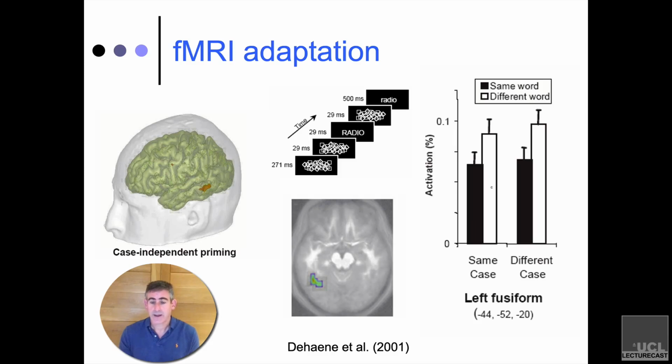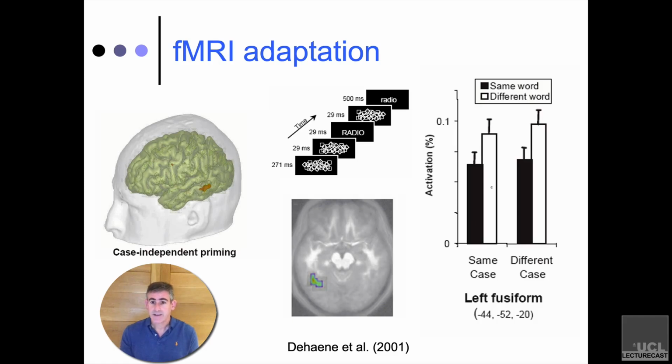And he reckoned that one thing they would have in common is that it shouldn't matter whether the case of the prime word and the target word, shown here in, for instance, an uppercase radio and a lowercase radio, were the same or different. You still recognize them as radio. So that would be a place where you would expect to see knowledge of visual words, but of course that would overlap with if they were the same case. If they were both lowercase, you would still see this priming effect because it could be due to visual features, but it could be due to the fact you recognize them as the same word.